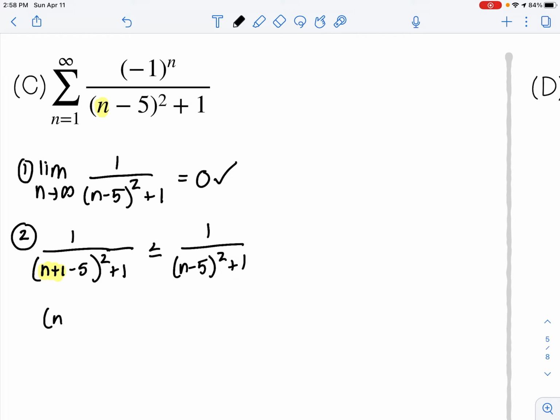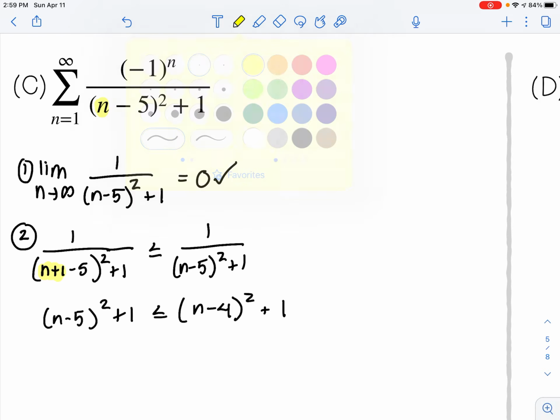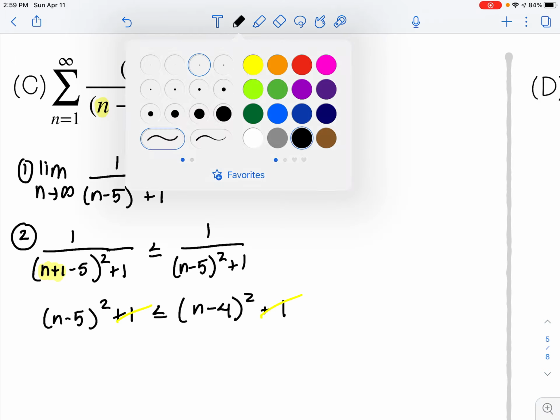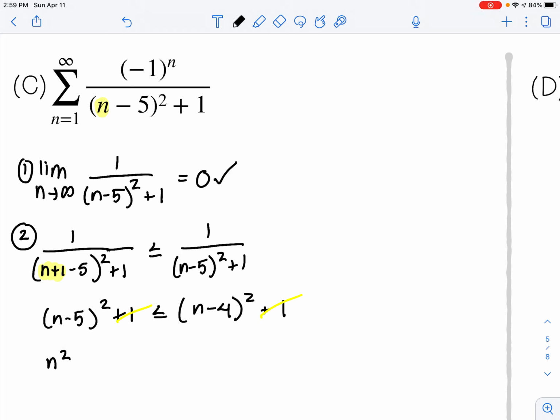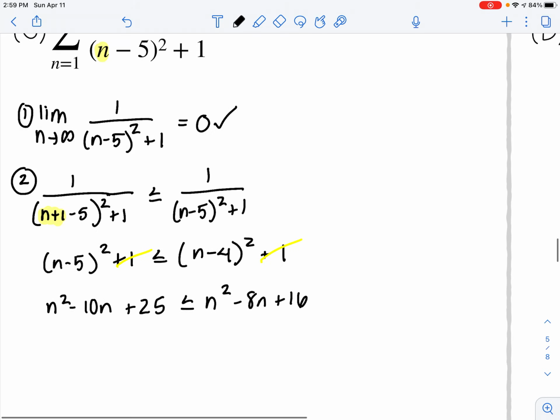Okay, so if I cross multiply, I'm going to end up with this. So I'm going to get n minus 4 squared plus 1. So my 1's are going to cancel out, and if I square these things, I'm going to get n squared minus 10n plus 25 less than or equal to n squared minus 8n plus 16. Okay, so my n squareds will cancel out.